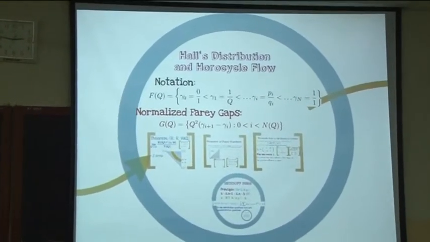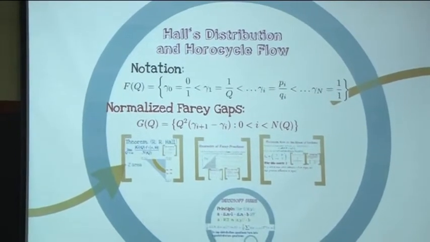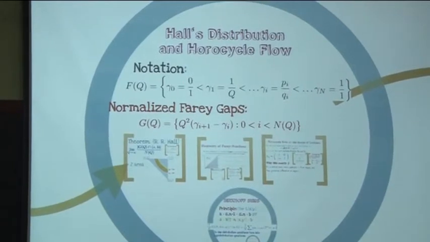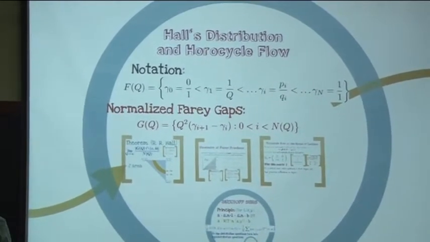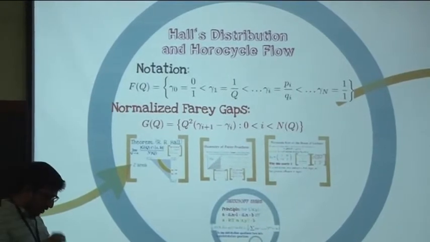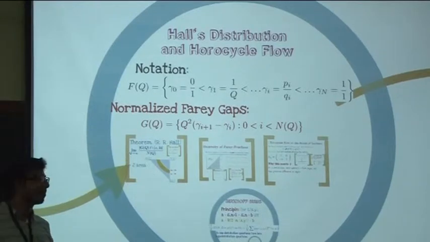So again, our Farey sequence is gamma 0 is 0 over 1, less than gamma 1, all the way up to gamma n, and that n is n of q. And so the ith one I write is p_i over q_i. And then the gap, g of q, I don't normalize by the cardinality this time, but just by q squared. It's a little cleaner. So I normalize by q squared. It's basically the same thing as normalizing by the cardinality. Okay, so I look at the differences and I multiply by q squared.